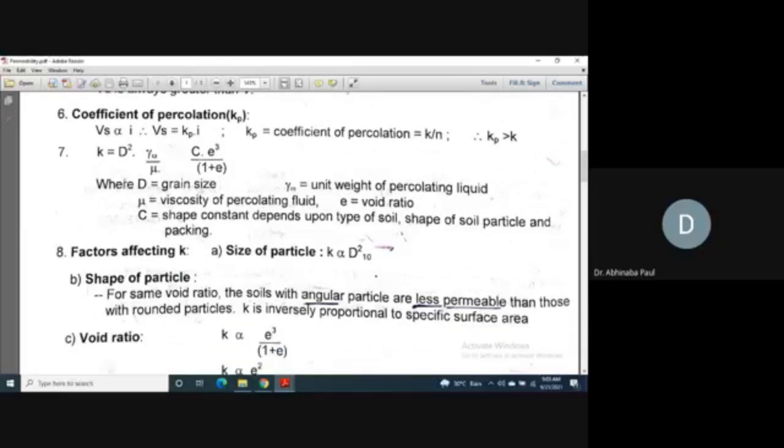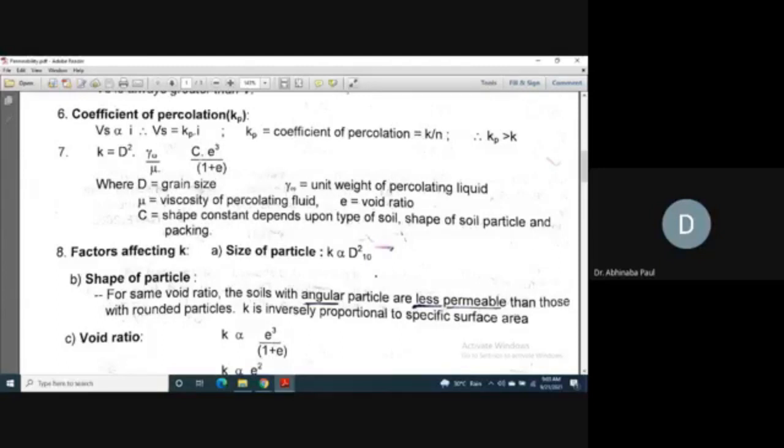Next part is factors affecting permeability, meaning on which factors the permeability depends. This is the basic general formula of permeability. Here K is proportional to D square, gamma W by mu, into C, e cube by 1 plus e, where everything is mentioned here.